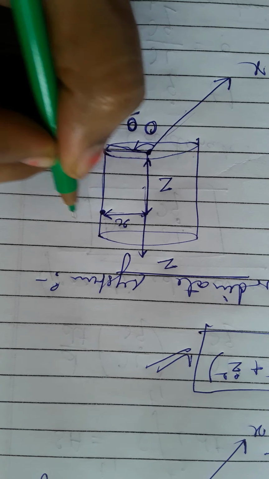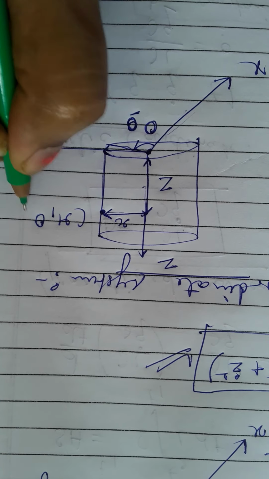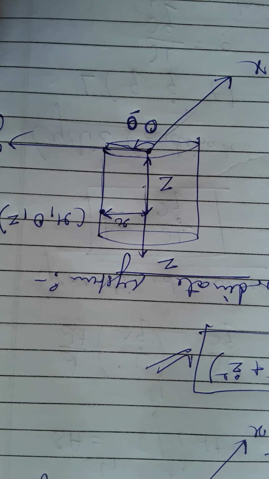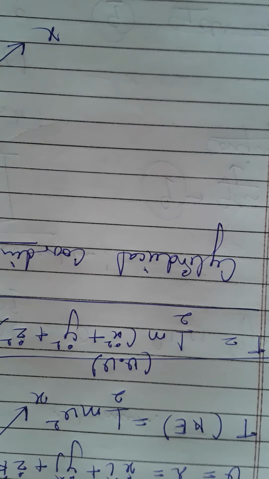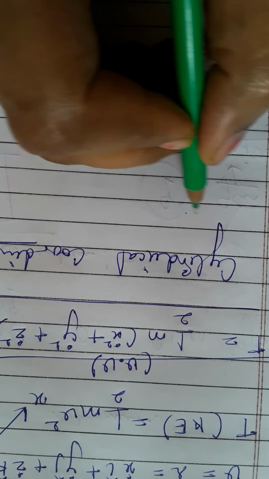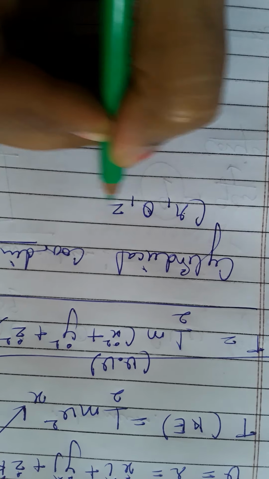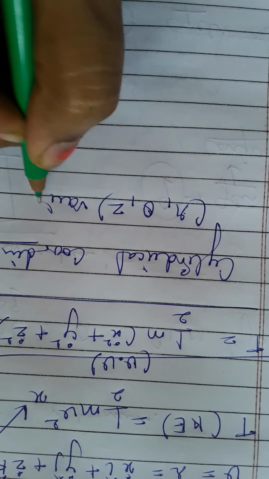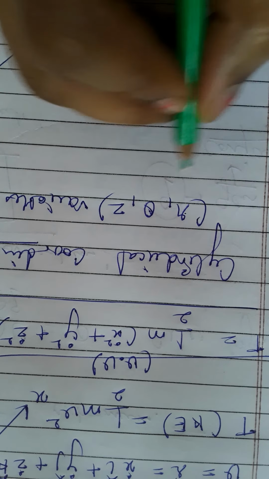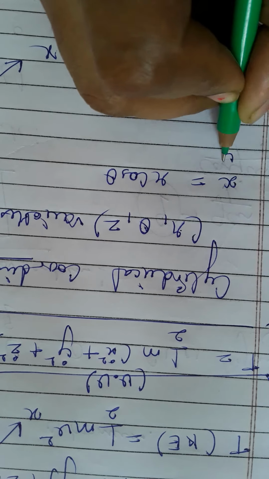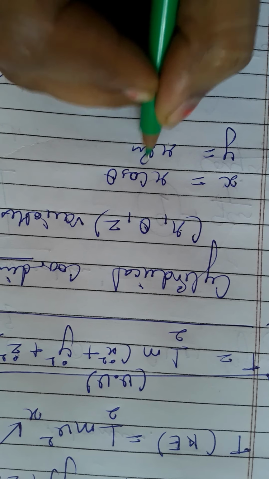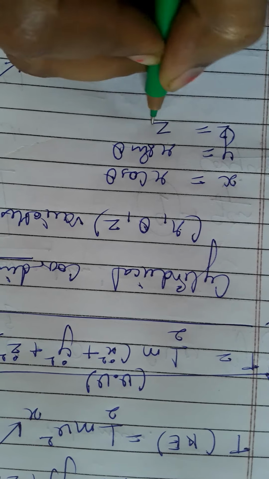So to specify the position we need three cylindrical coordinates r, theta and z. We do not talk about x, y, z here, but r, theta and z are the variables for cylindrical. What are their basic relations? x is equal to r cos theta, y is equal to r sin theta, and z is equal to z.